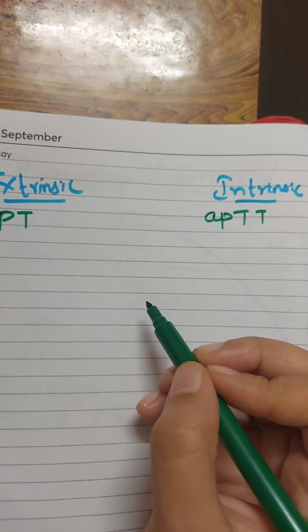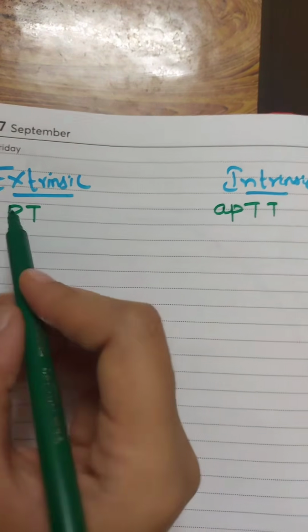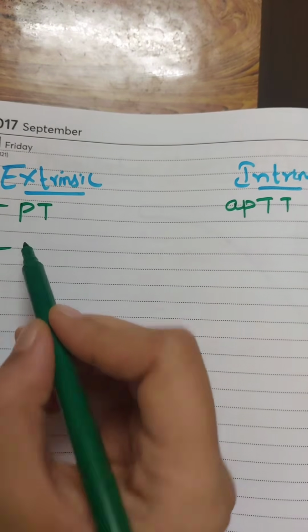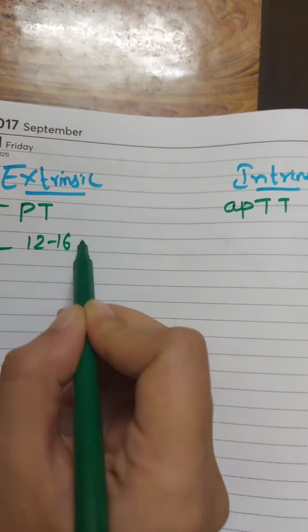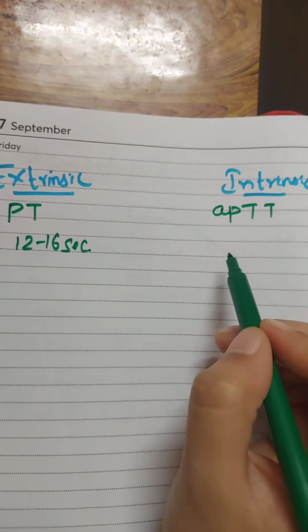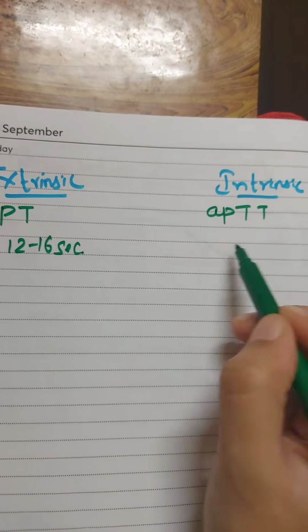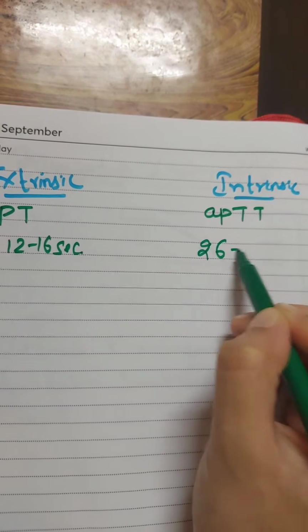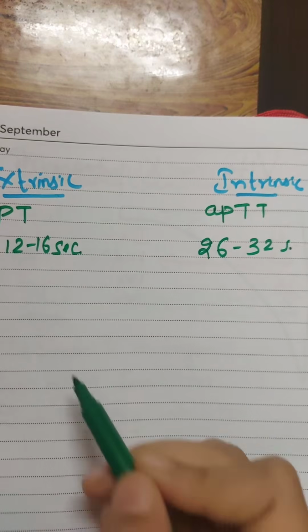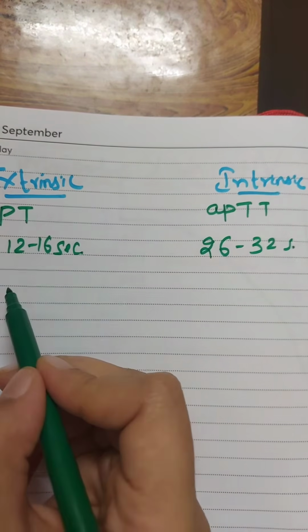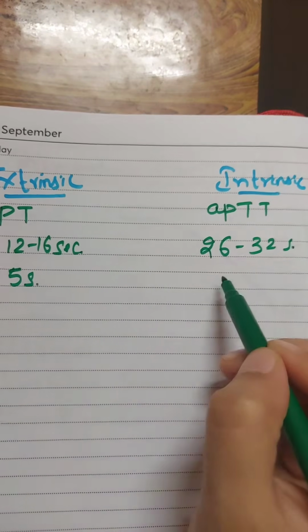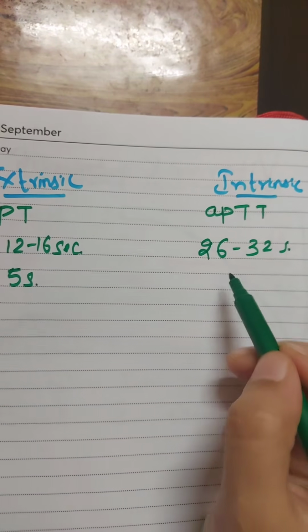The normal value of prothrombin time is nearly 12 to 16 seconds, whereas the normal APTT is 26 to 32 seconds. The average value for prothrombin time is nearly 15 seconds, and the average value for APTT is nearly 30 seconds.